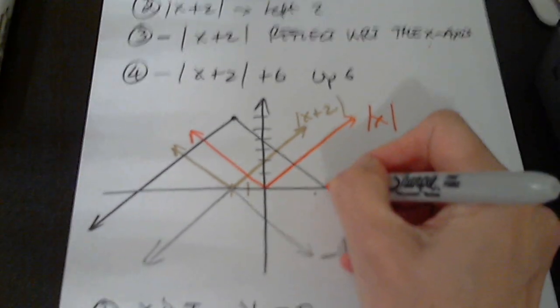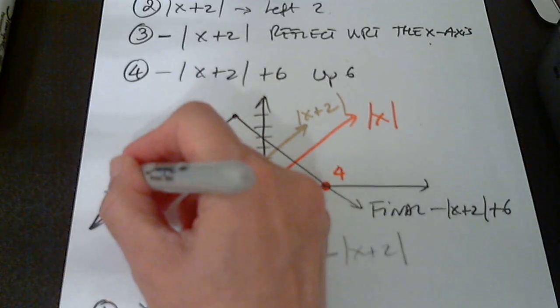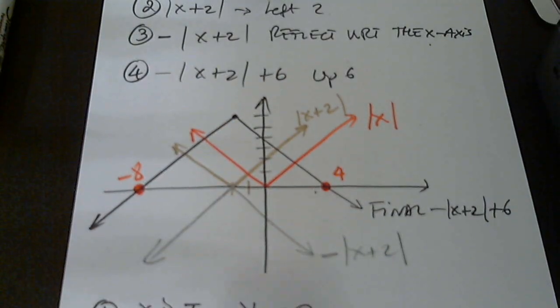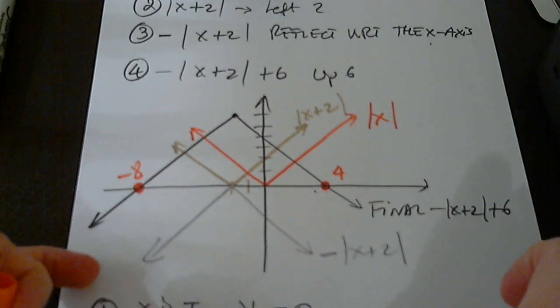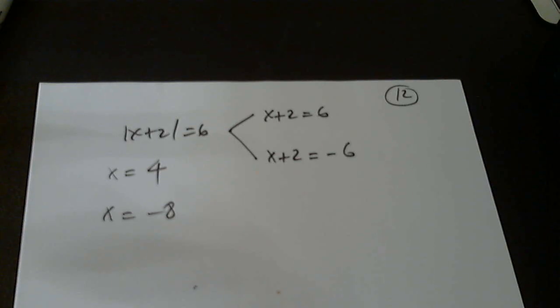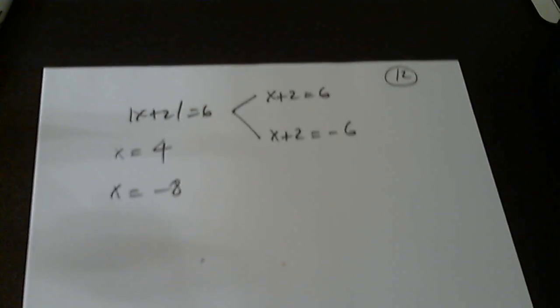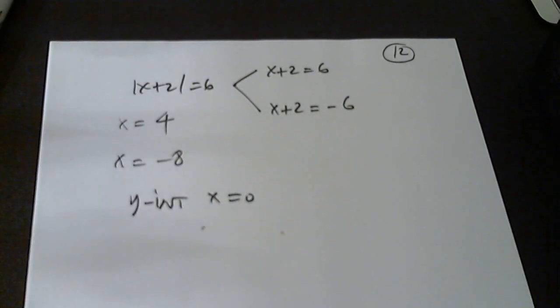So this should be 4, and this should be -8. Now I have to find the y-intercept. How do I find the y-intercept for any function? Set x to 0. Yes, that's easy.